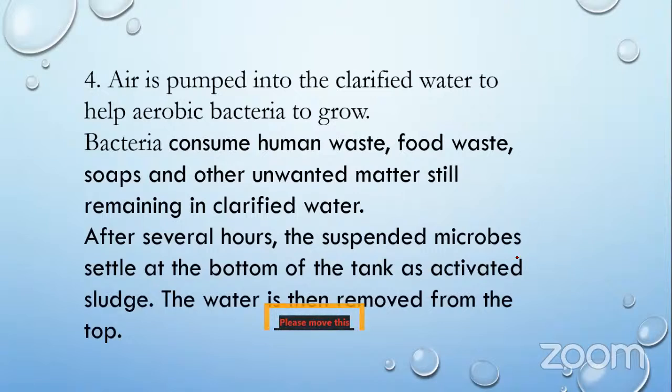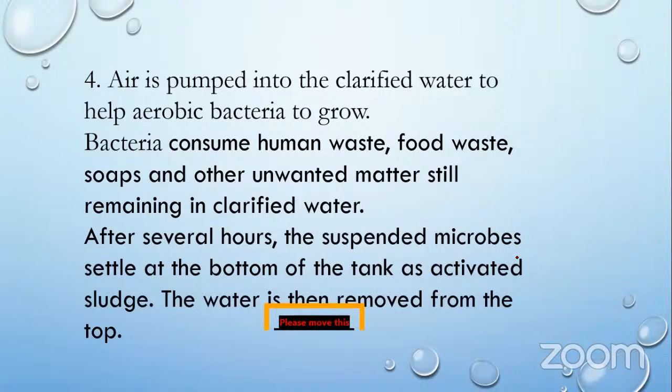Clarified water looks good to us, but still if it has any human waste, food waste, soaps and all, this aerobic bacteria will consume it. Means it will take it, use it. So from the clarified water, that also is removed. This step is called as aeration. This comes under the biological processes.